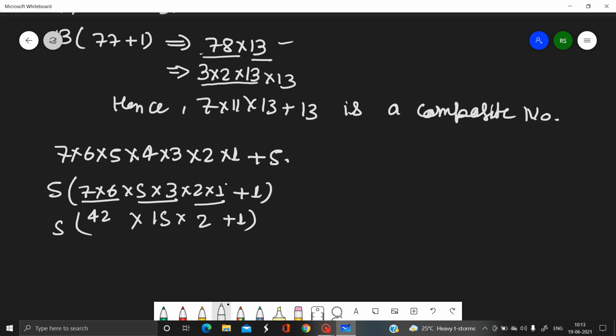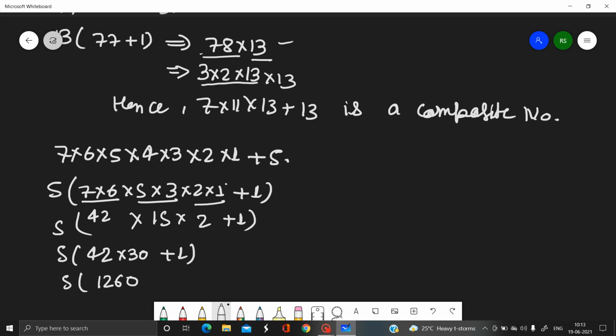And 5 is common here. So 15, 2 threes are 30. So 42 into 30 plus 1. So 5 is common. Now 42 into 30 gives 1260.